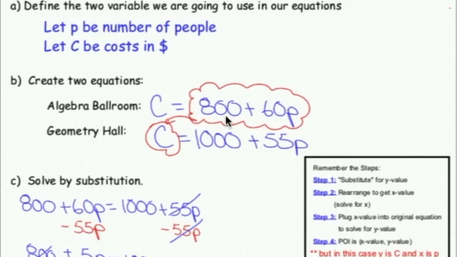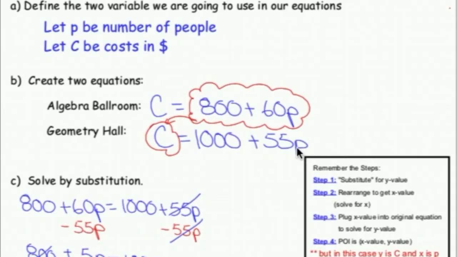So C equals 800 plus 60p. When we take a look at our geometry hall, we have to pay $1,000 right away, and then it's $55 per person. So we write the cost is equal to $1,000 plus $55 per person.